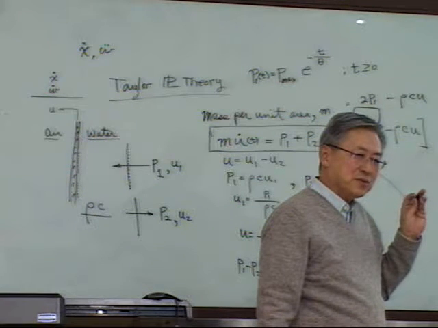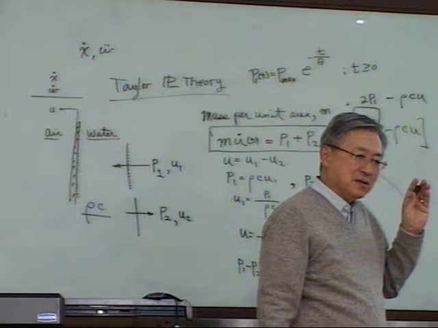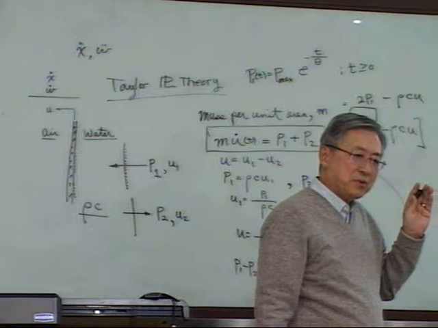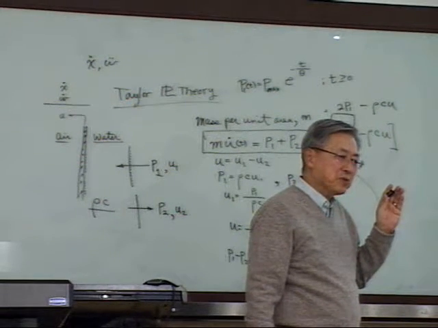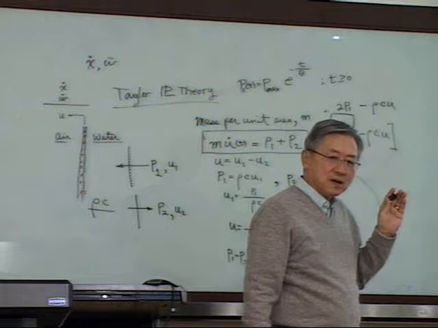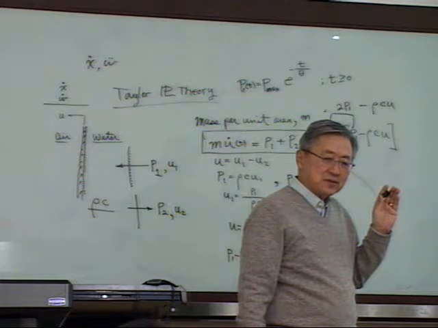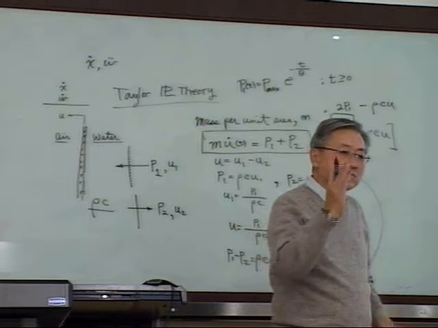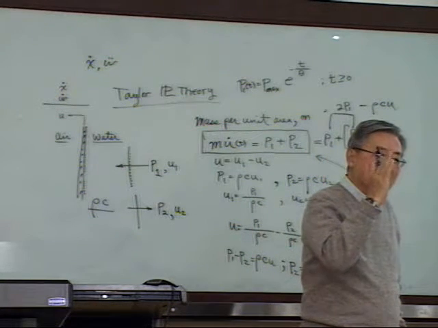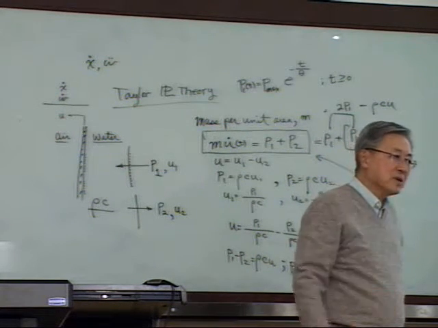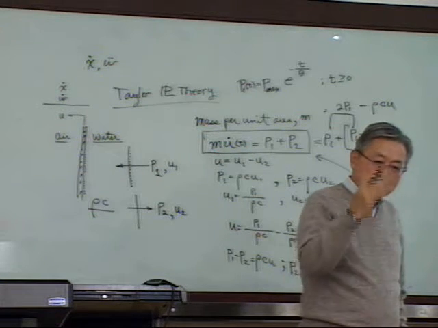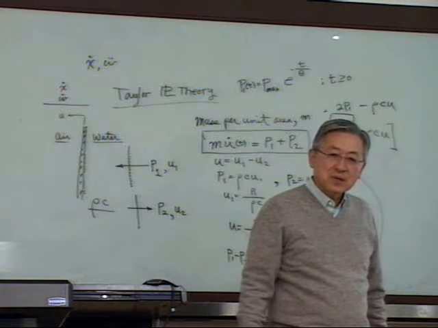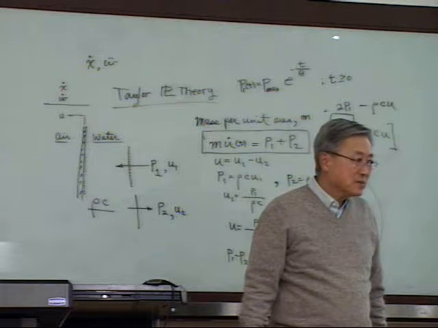That's for the rigid boundary case. The pressure experienced by the rigid boundary is twice the incident shock pressure. Then due to the flexibility of the plate, that much pressure has to be relieved, right?